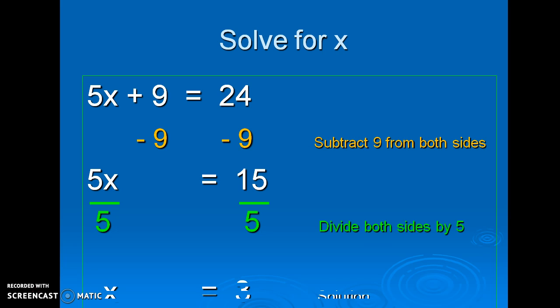And we're left with x on the left and 3 on the right. So the answer for this equation is x is equal to 3. And we can simply check back our answers by plugging in the value 3 into the original equation to see if both sides are equal. Alright?